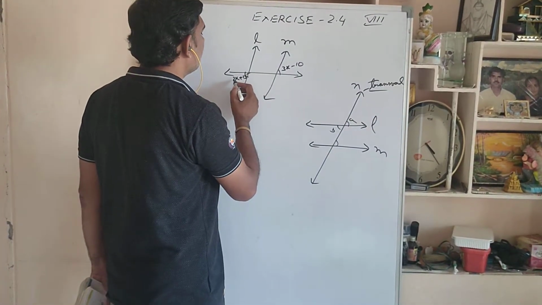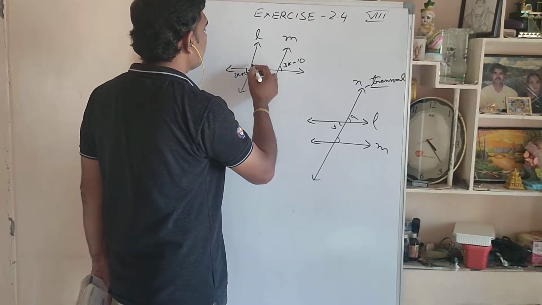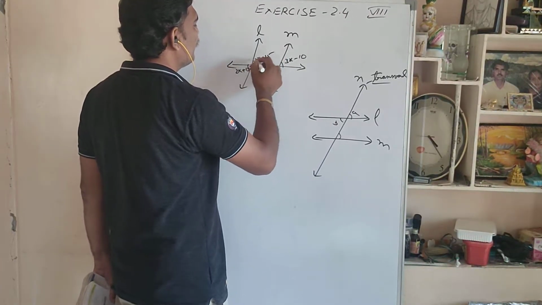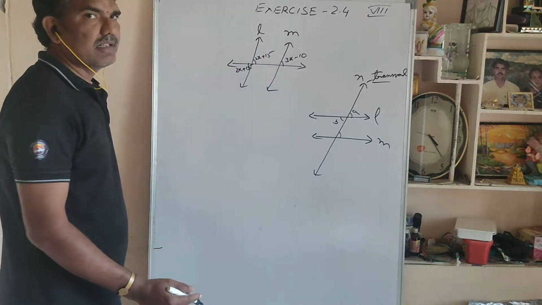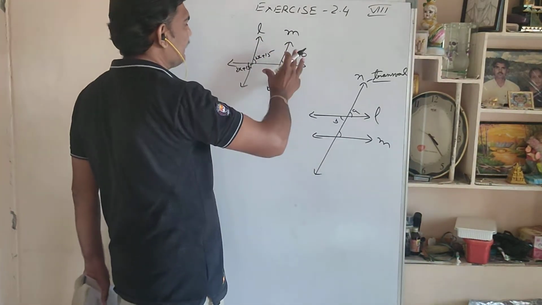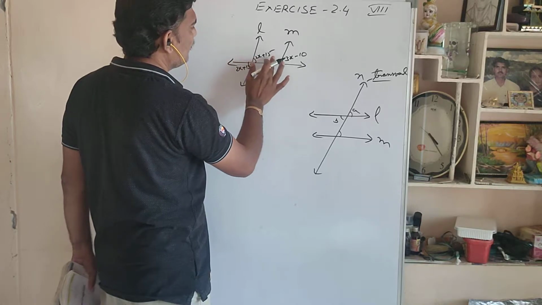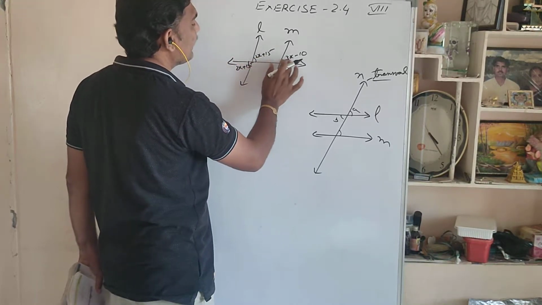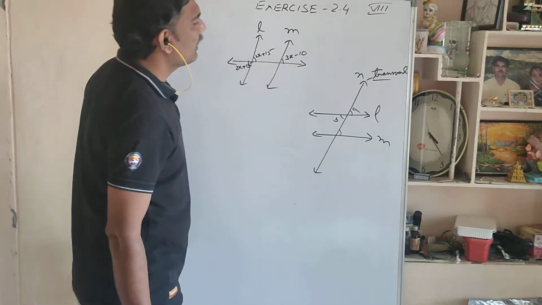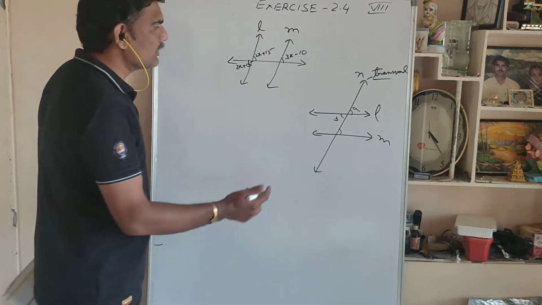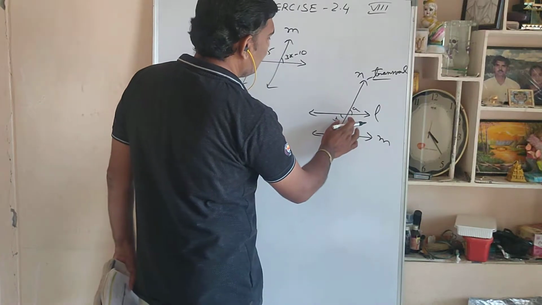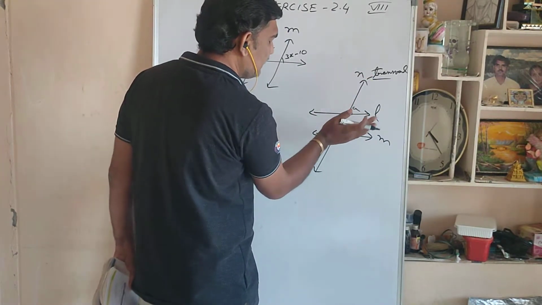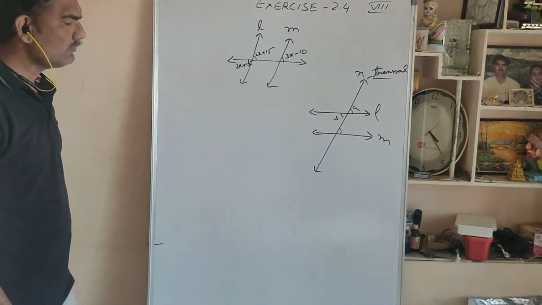So if this angle is 2x plus 15, this angle also becomes 2x plus 15 only. These two are vertically opposite angles. If you rotate this diagram, this is down, this is down. So these two angles are called which angles? They are corresponding angles. Corresponding angles will be on the same side of the transversal. One is exterior, the other is interior.